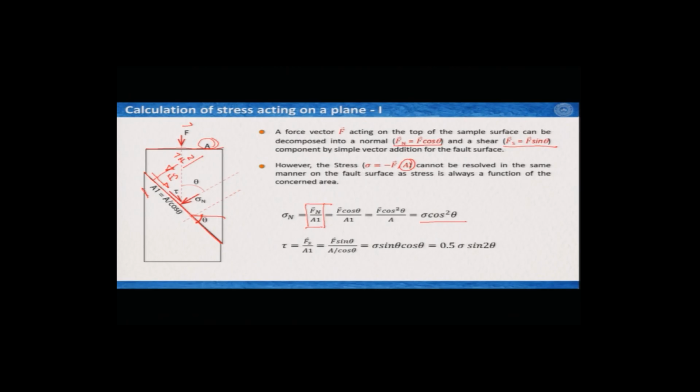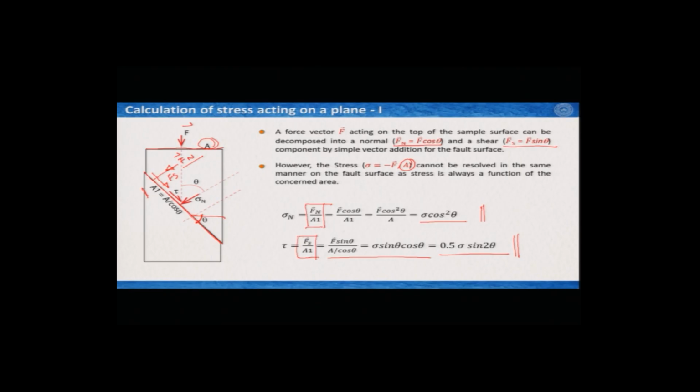Similarly, for shear stress, it would be the shear force component, that is Fs divided by the area A1, and again if you do some algebraic manipulations, you would arrive at half of sigma sine 2 theta. So, this is how we calculate the stress acting on a fracture plane after a deformation experiment, and this you can apply in many other fields depending on your problem.